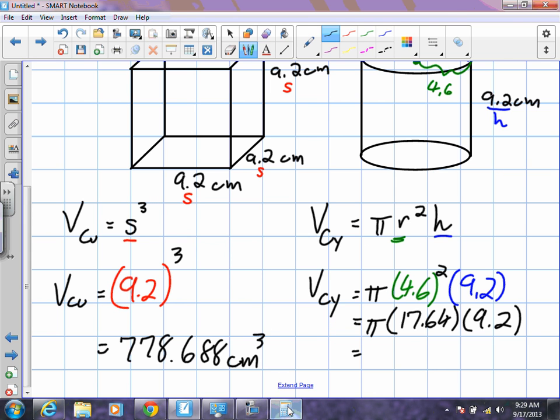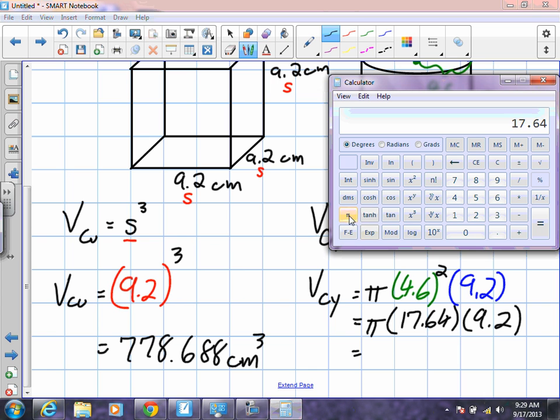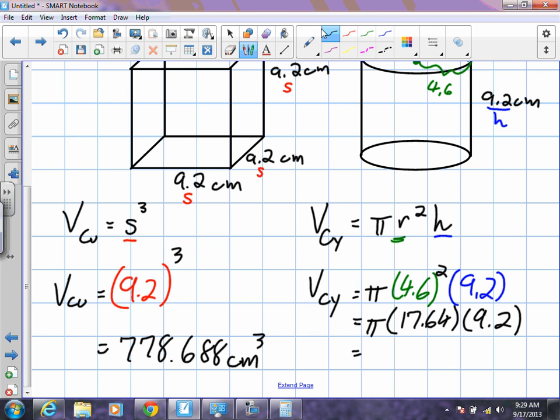So I'm just going to put the value of pi in here. Pi, okay, and see as it writes it as a number for me in my calculator, multiplied by 17.64 multiplied by 9.2 equals, two decimal places is probably enough for us. So 509.84.